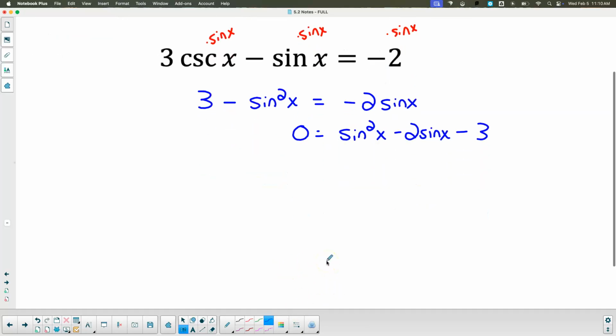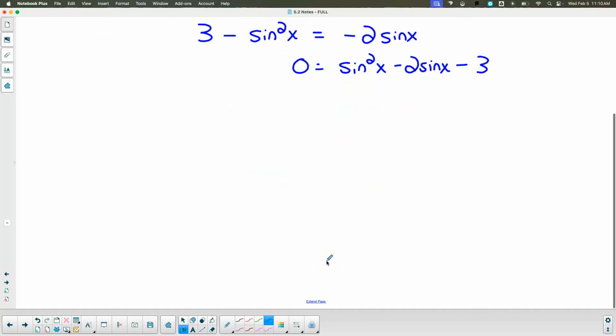Now that I have it equal to 0, now I can factor it. Two numbers that multiply together to be negative 3 and add to be negative 2 are negative 3 and positive 1.